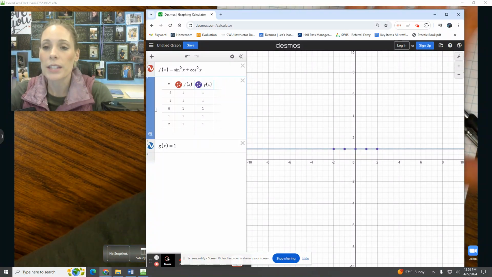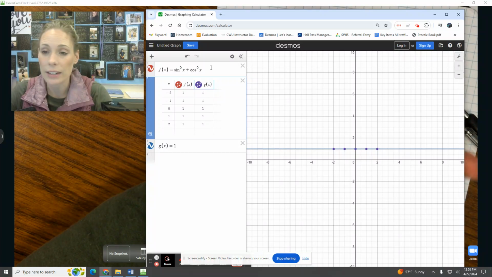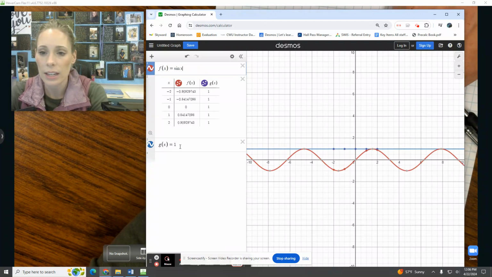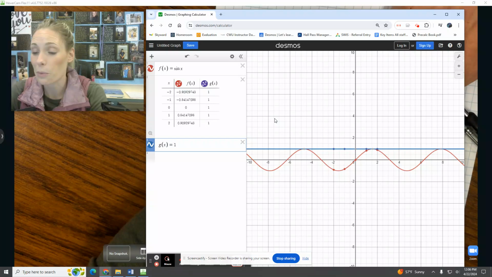Now, an equation is not always true. Let's say we're trying to find out when sine of x equals 1. Well, it equals 1 right here, and here, and here.